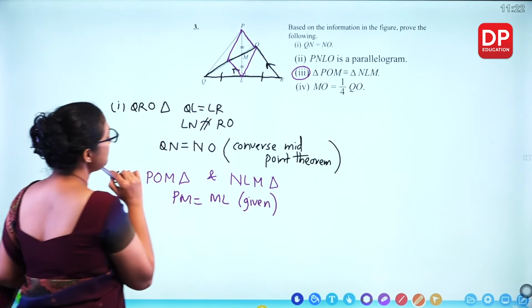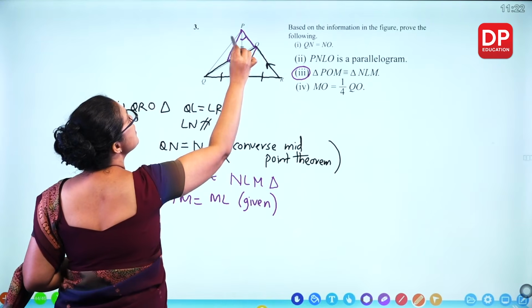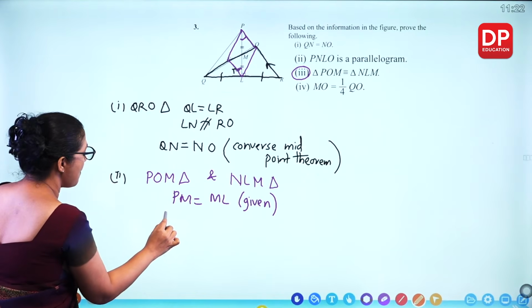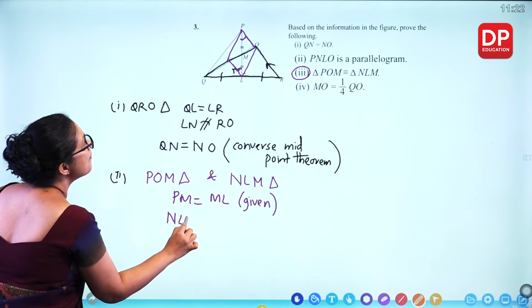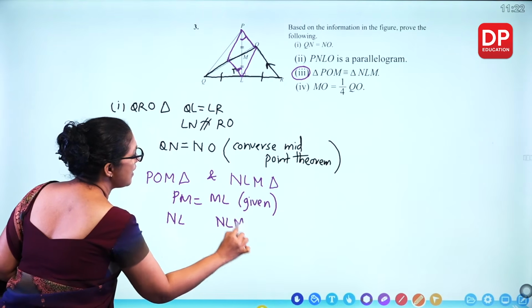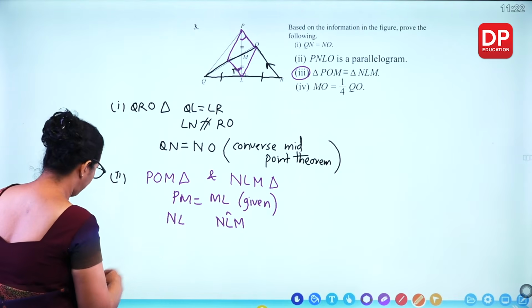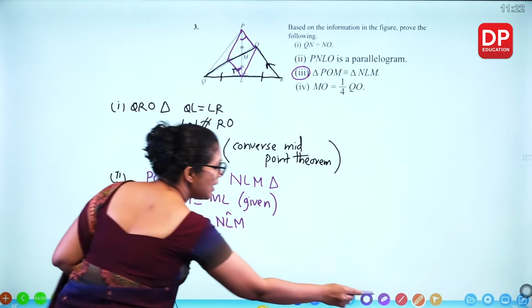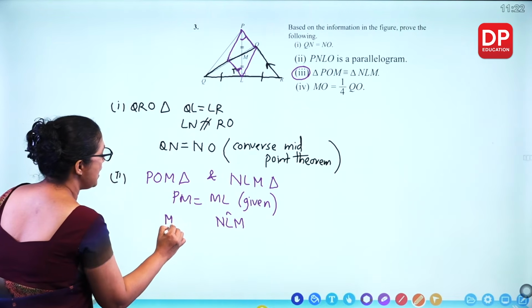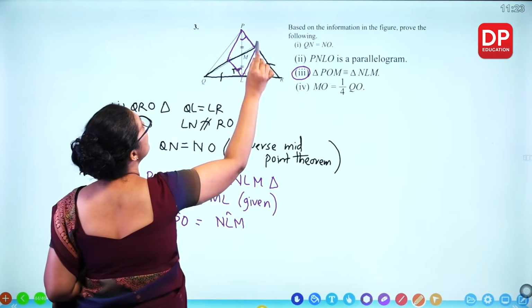Then this angle is equal to this angle because these two lines are parallel. NLM angle is equal to MPO angle.